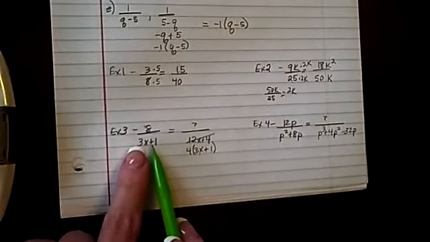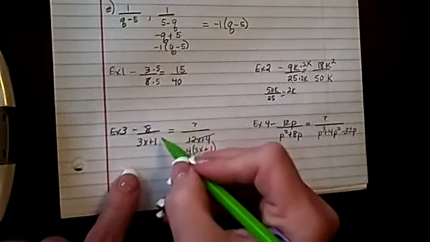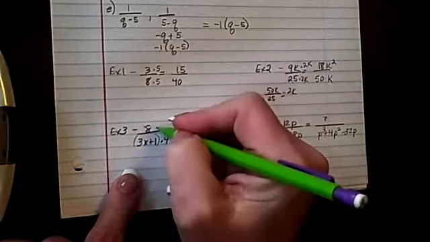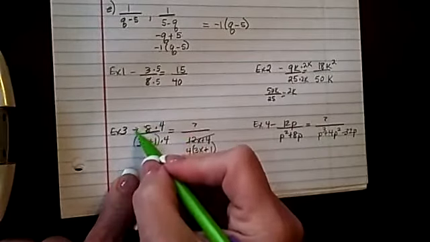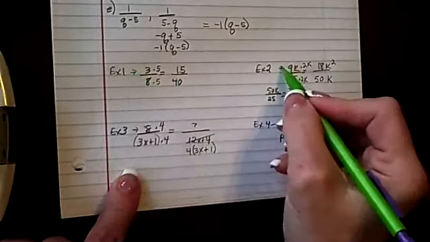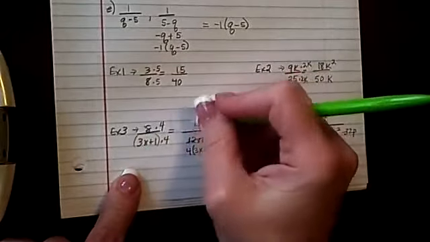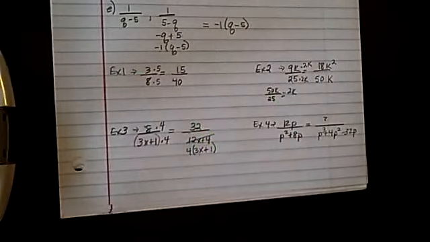So what do I need to get from here to here? Well, I just have to multiply by 4, right? So I take this, multiply by 4, which means I then have to multiply this by 4. And let me just say that's an arrow, not a negative sign. I don't want that to confuse you on any of these. So 8 times 4 becomes 32.